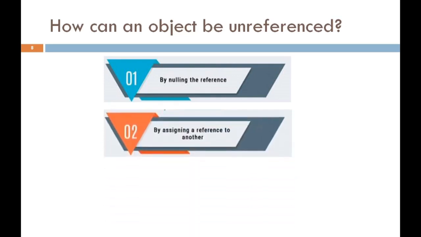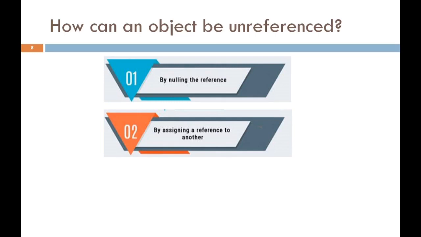The second way is by assigning a reference to another. That means assigning one object reference to another object reference. Suppose I have a class Employee which has two objects, e1 and e2. We create the objects like this: Employee e1 = new Employee(), then Employee e2 = new Employee(), and then we specify e1 = e2.